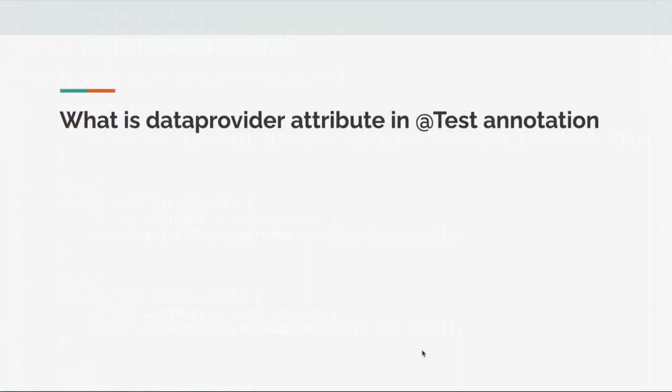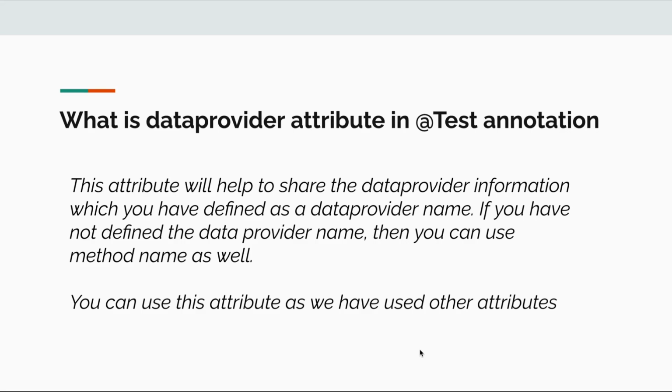Data provider attribute in @Test annotation. So this attribute would help to share the data provider information which you have defined as a data provider name. If you have not defined the data provider name, then you can use the method name as well.